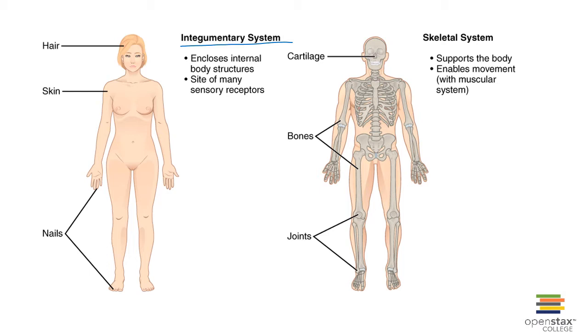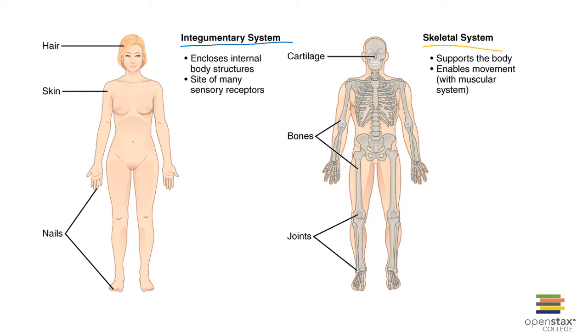Now the skeletal system, which I'll do in this lovely orange color right here. This helps support the body and helps enable movement, and it's also important because it helps store minerals. Most of you know that bones are made up of calcium, but also within bones is where red blood cells are produced, so it's part of the cardiovascular system. Again, these systems work together.